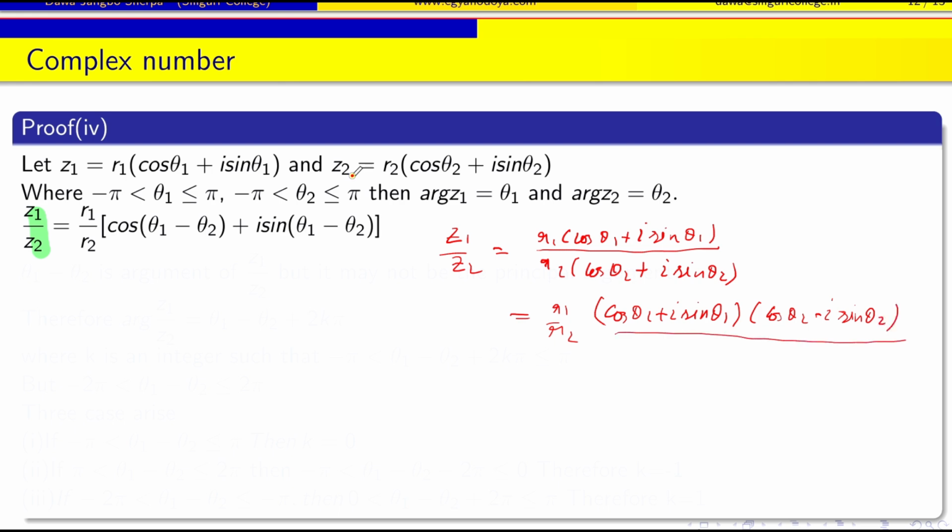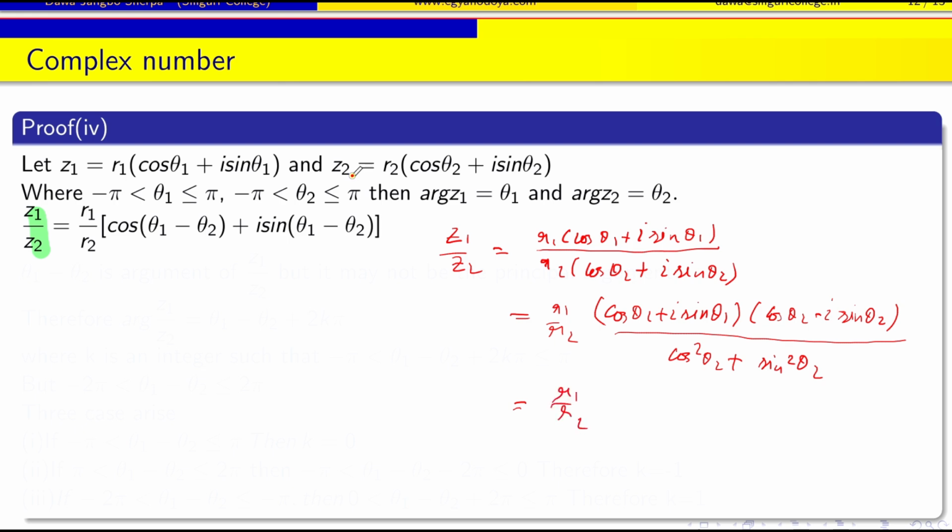The denominator will be cos squared theta 2 plus sin squared theta 2, which is equal to 1.